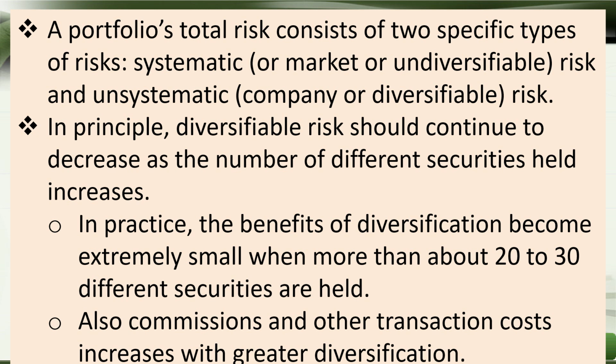The more securities, the more complications. Also, commissions and other transaction costs increase with greater diversification. So if just for risk mitigation or diversification purposes you accommodate more securities within one portfolio, then these are the disadvantages that we have to face.